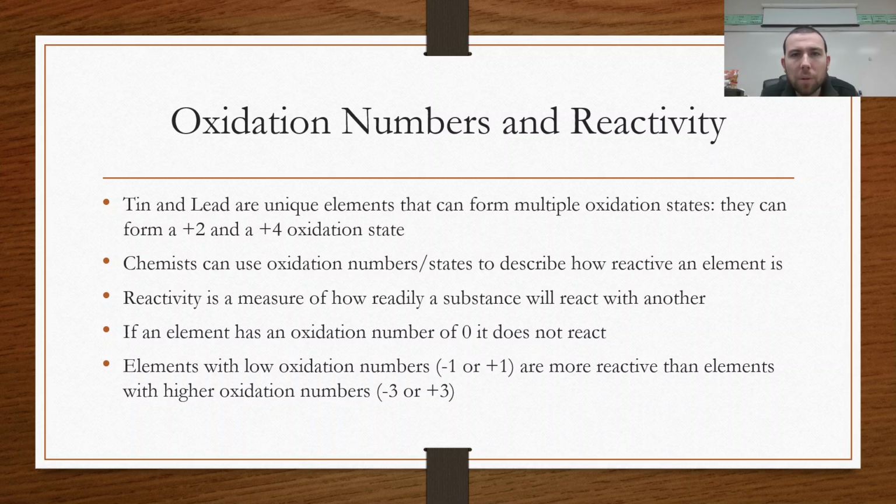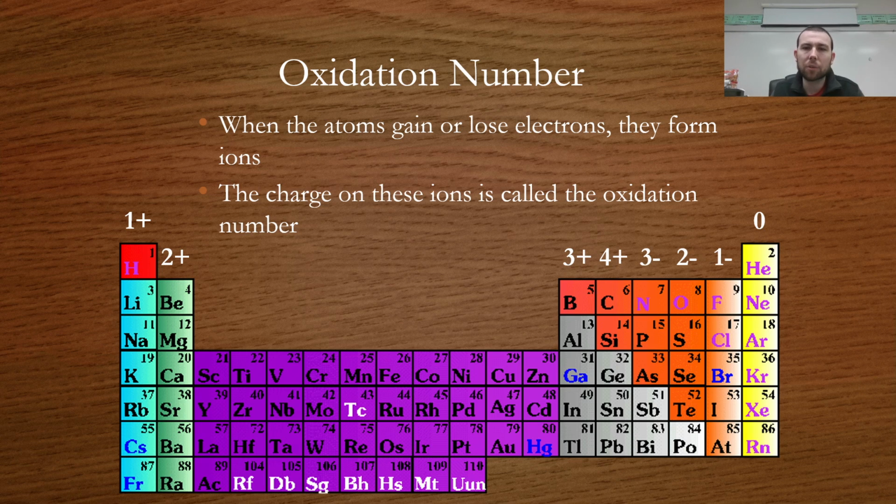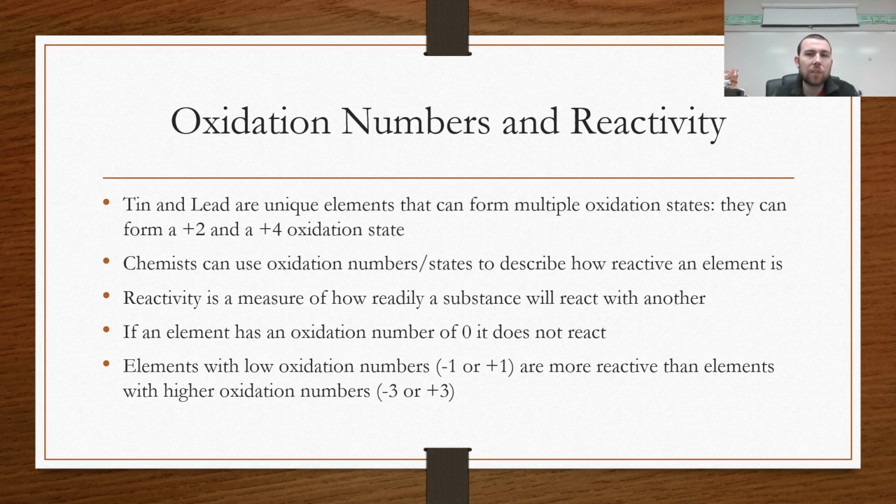Now, let's look a little bit more at oxidation numbers and reactivity. I want to mention tin and lead. If you look back at the periodic table, tin is element number 50, and lead is element number 82. They're in column 14 with carbon. Those two elements are metals, and they're unique in that they can form multiple oxidation states.